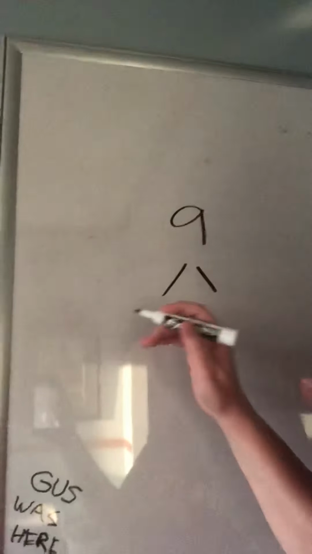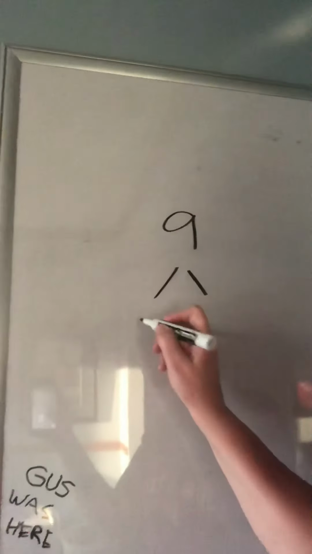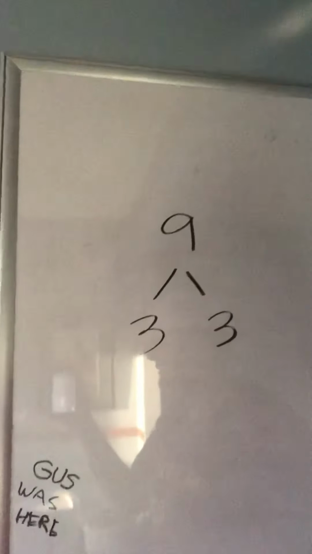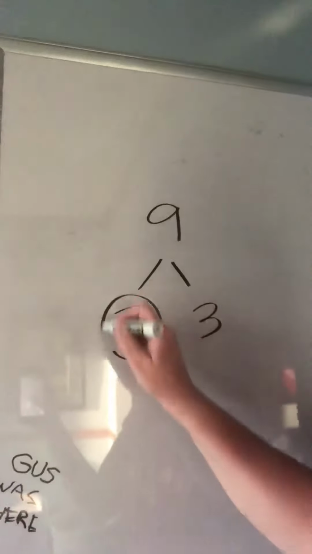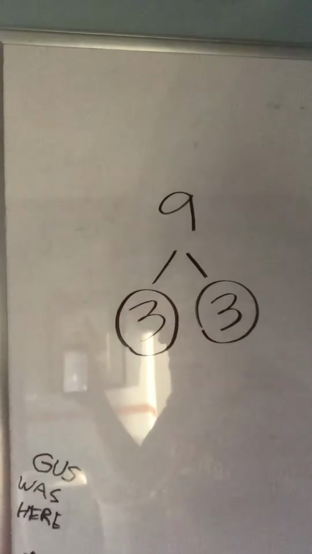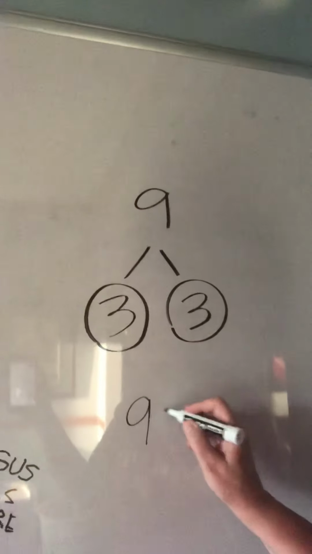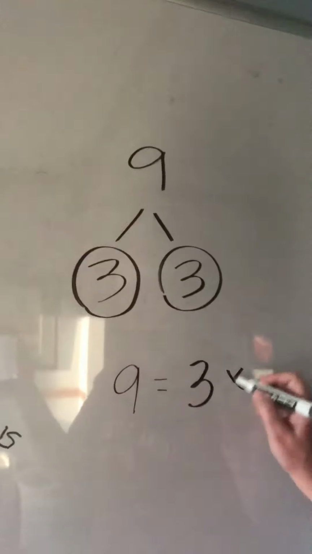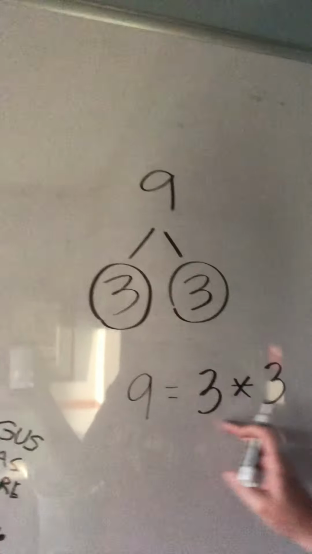And when you think about 9, you think about two factors that equal 9. 3 and 3. 3 times 3 equals 9. Is 3 prime? Yes. So you give it a circle. Is this 3 prime? Yes. You give it a circle. So what is the prime factorization? 9 equals 3 times 3.